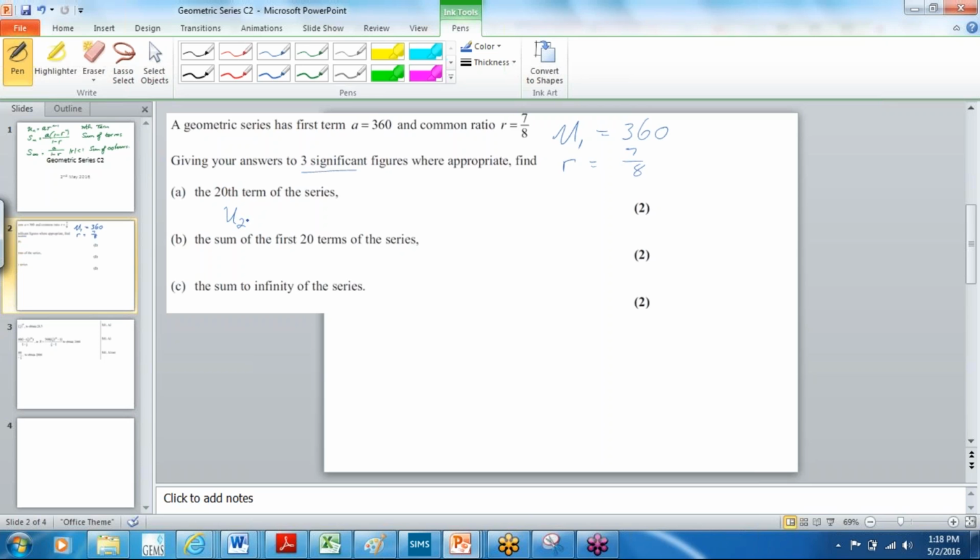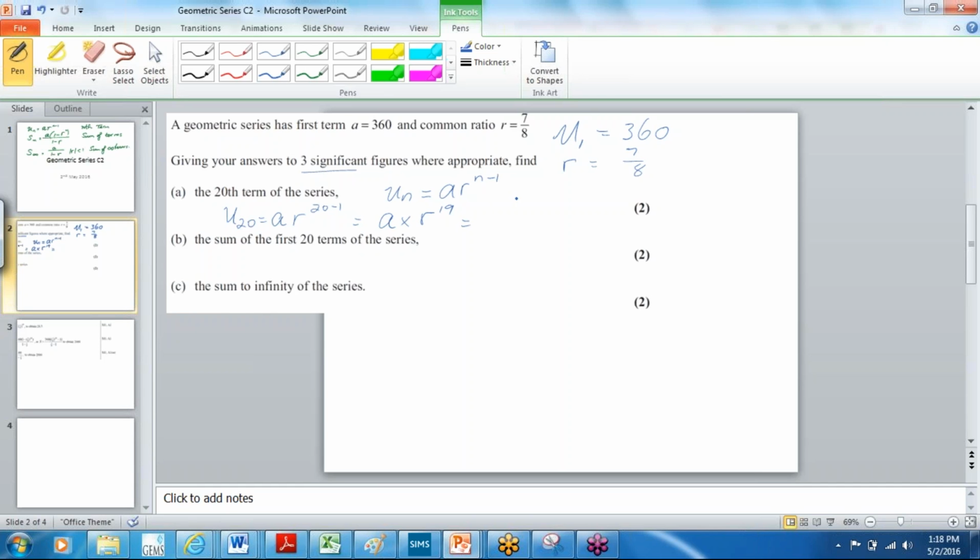So we're looking for the 20th term, u20. If we refresh our memory of the nth term, the 20th term will be a r to the power of n minus 1. And if n was 20, it is 20 minus 1. So we're looking for a times r to the power of 19.